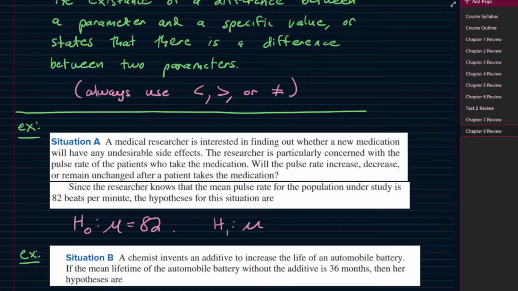So they're not trying to see if it's only greater than 82. They're not trying to see if it's only less than 82. They're trying to see if it is changed, if it's different than 82. They're trying to just see if it's changed at all. So this means we want to test if it's not equal to 82.